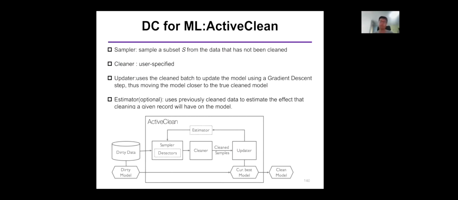The improvement is computed by the estimator based on the currently cleaned data. Then the selected records will be checked and repaired by the cleaner, which can be conducted by humans. Next, the updater updates the gradient of the entire dataset based on the verified data. And these 4 steps iterate until the budget is used up.